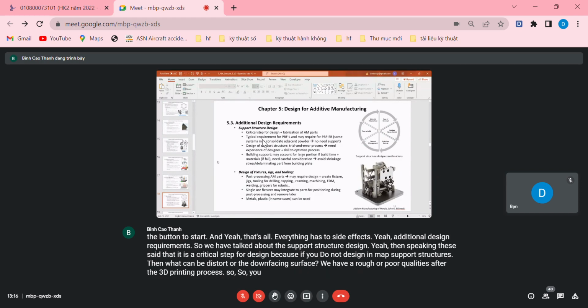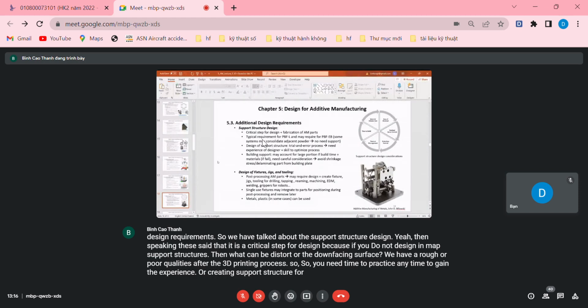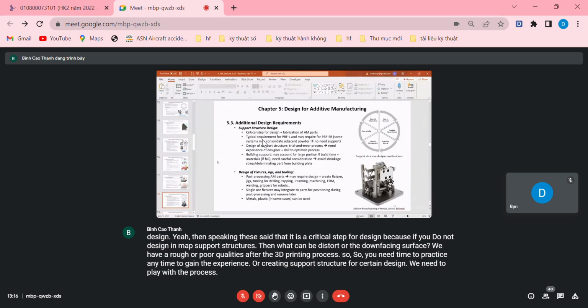So you need time to practice. You need time to gain the experience for creating support structures for a certain design. You need to play with the process.